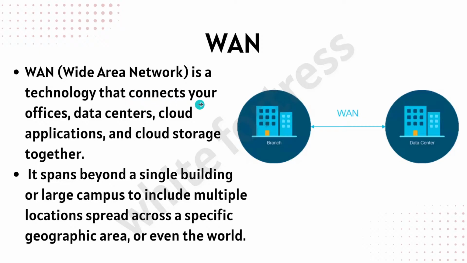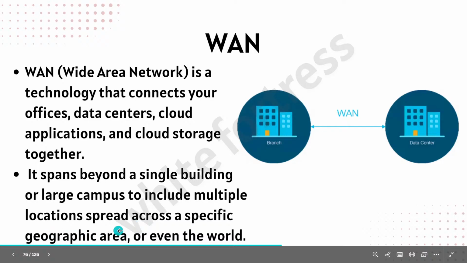So WAN is a technology that connects your offices, data centers, cloud applications, and cloud storage all together. It spans beyond a single building or large campus to include multiple locations spread across a specific geographical area or even the world.